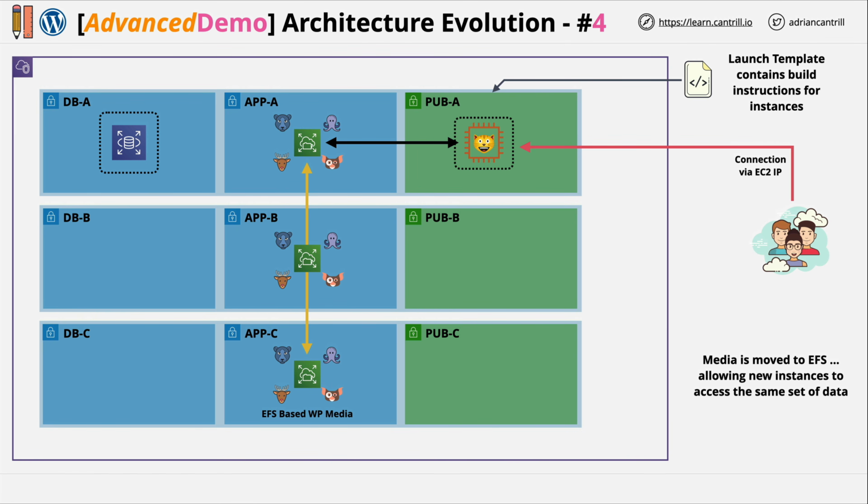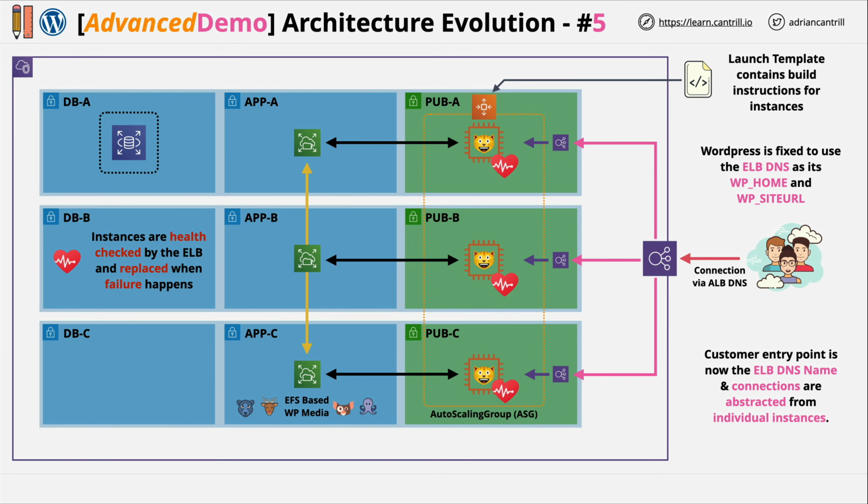So the next step will be to move away from your customers connecting directly to this single EC2 instance. Instead, you'll provision an auto-scaling group which will allow instances to scale out or in as required, and you'll configure an elastic load balancer to point at that auto-scaling group, so your customers will connect in via the application load balancer rather than connecting to the instances directly.